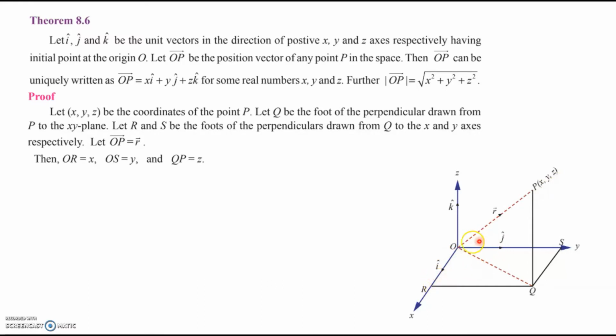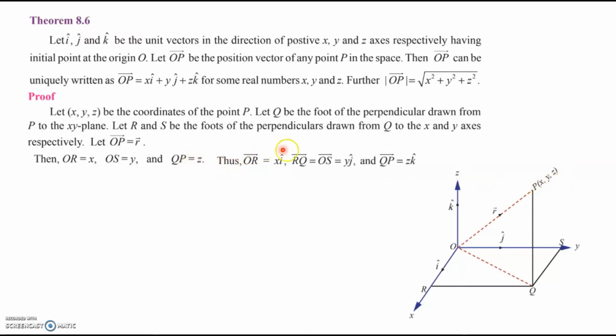Similarly, this length OS, which is on the y-axis, would be y. And similarly, if you draw a line perpendicular to the z-axis, this point here would be z, because it's x, y and z.